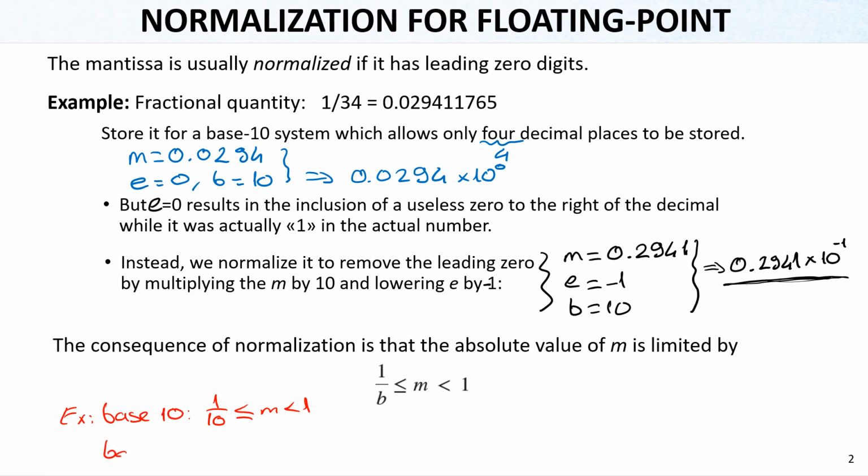And for base 2 system, similarly, we will divide just 1 by 2, m again smaller than 1. So it is between 0.5 and 1 this time. So let's have an example to show this, as well as show the floating point representation on a computer in the following slides.